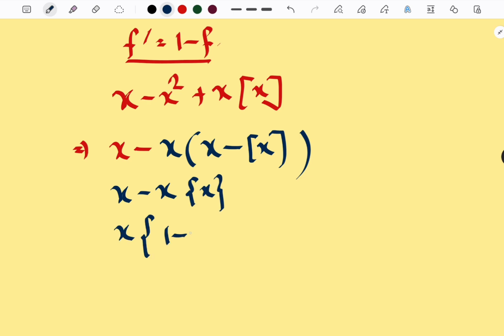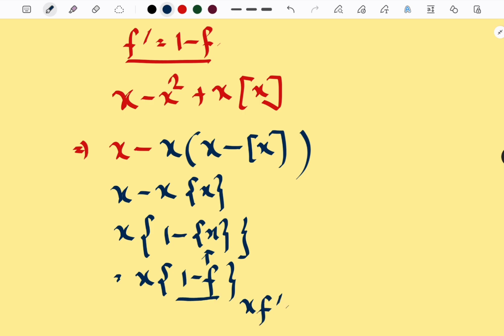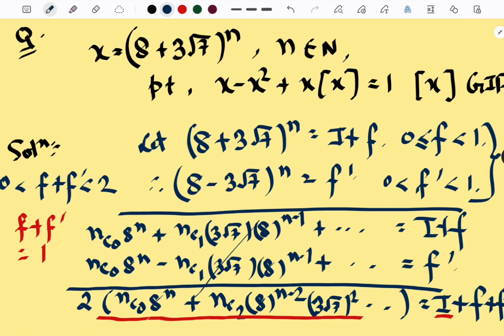Again, taking x common, this will be x into the fractional part, which is x into 1 minus F. Why? Because we have considered the fractional part as F. Now 1 minus F can be written as F dash, so x into F dash. Now what was x? This is x. So what is F dash?